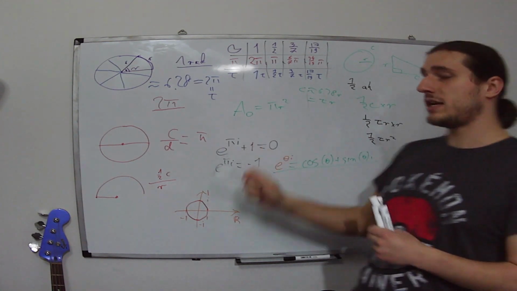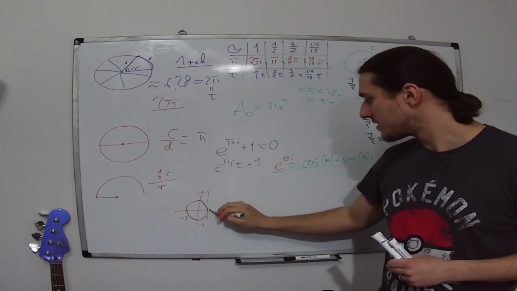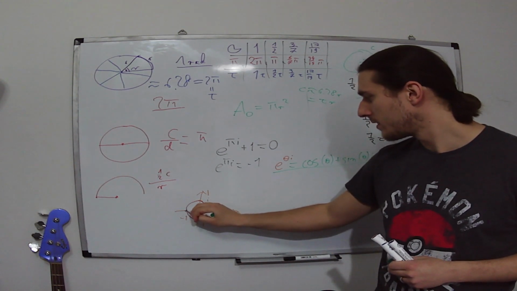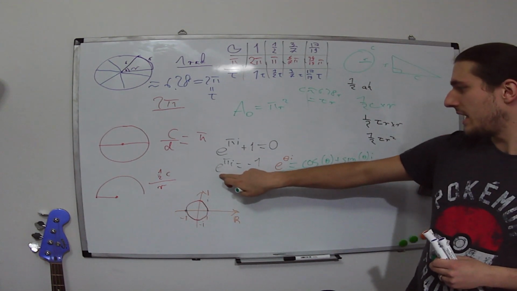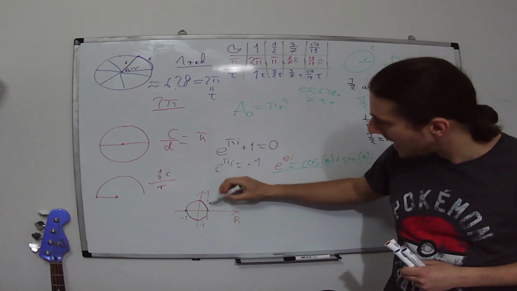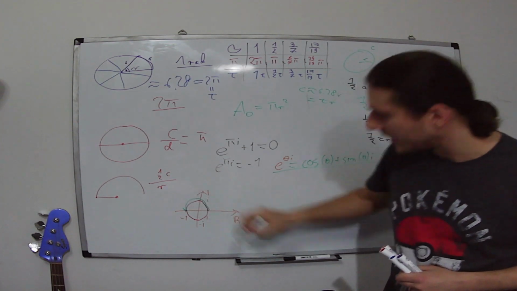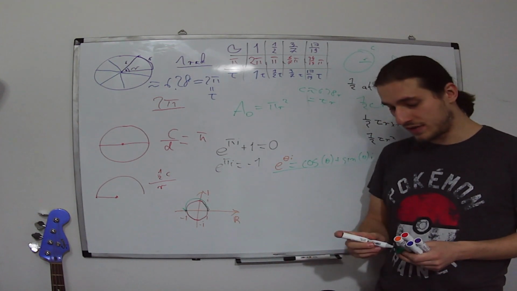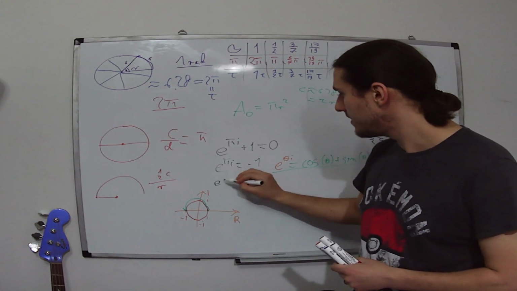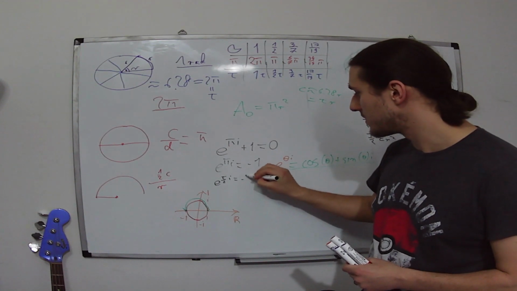So pi, being half tau, being half rotation, gets us from the starting point to here. Hence why e to the power of pi i equals -1. Because it's half rotation right here. So this could have easily been e to the tau over 2 i equals -1.